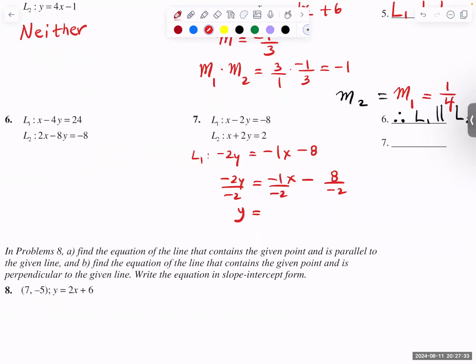So y equals positive 1/2 x, and then minus a negative becomes plus 4. So the slope of line 1 is positive 1/2.